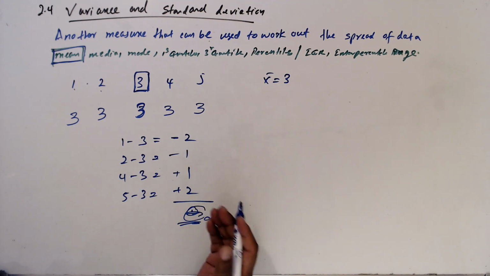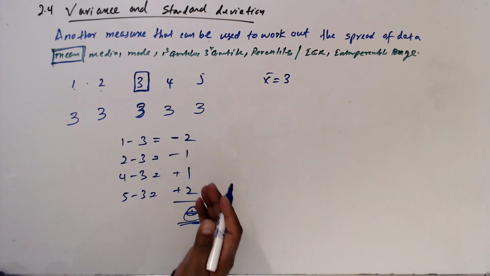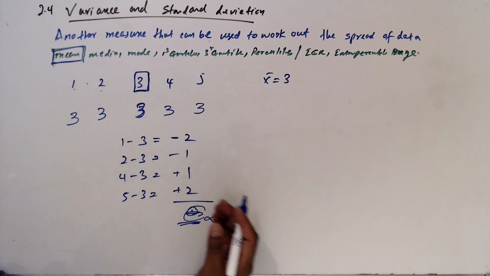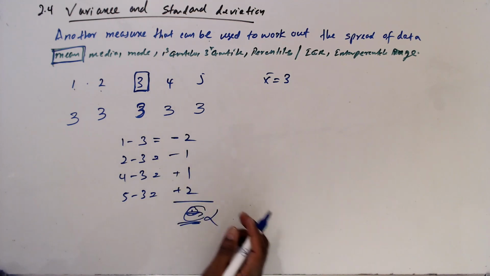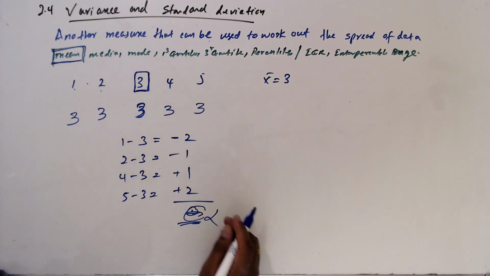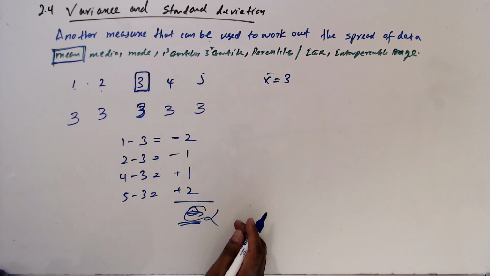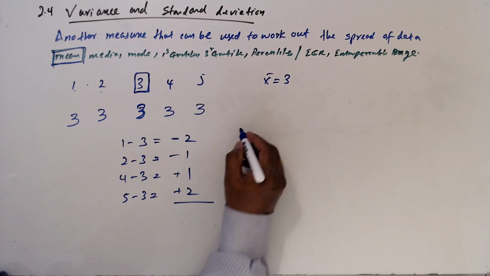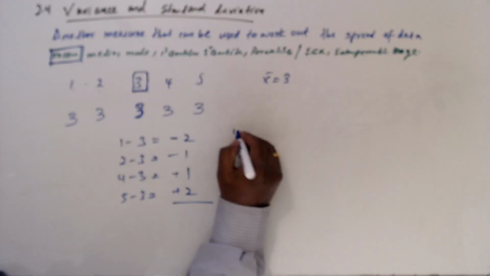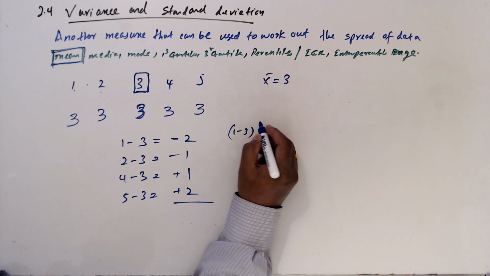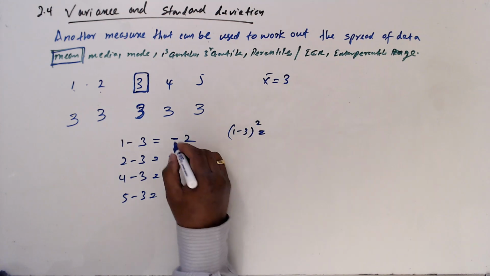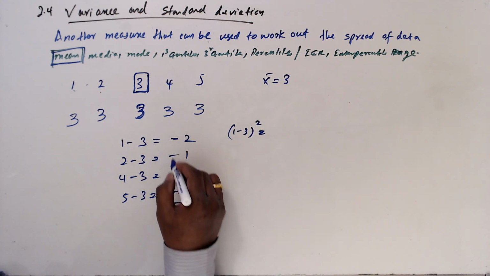We need to find a different method to assess these deviations without minus 2 and plus 2 cancelling each other. The best approach is to take the difference, 1 minus 3, and square it. When we take the square form, we avoid the negatives.